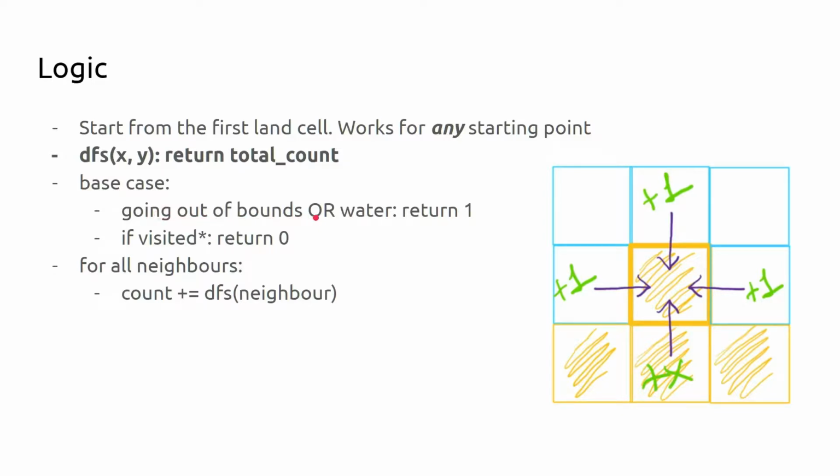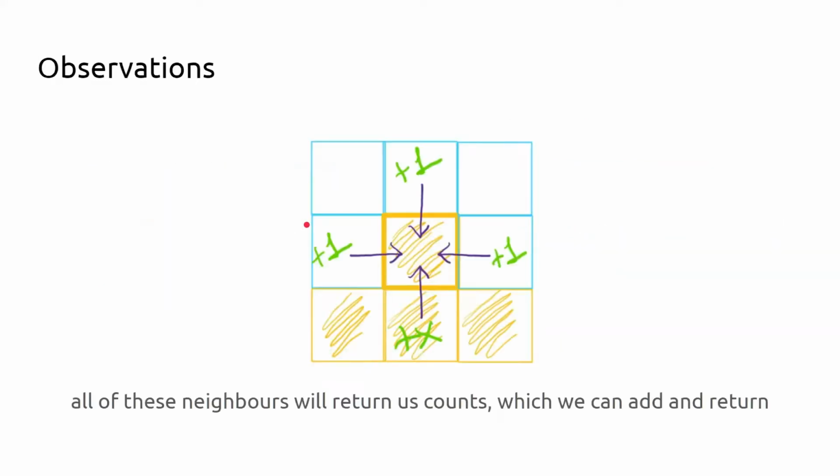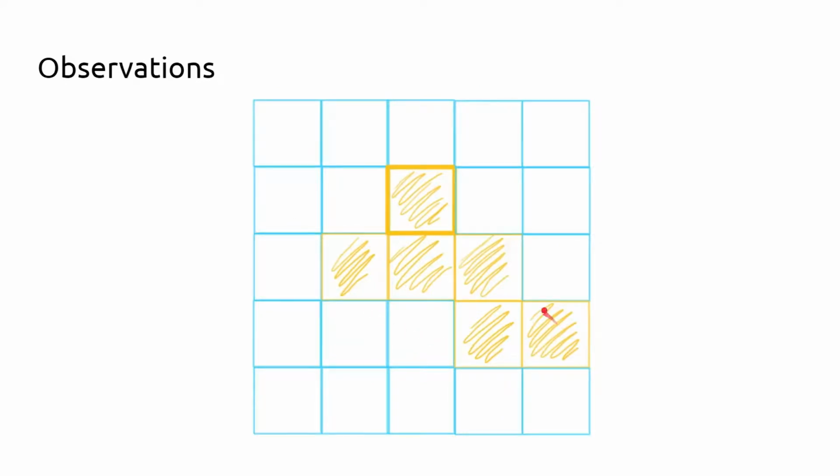Going out of bounds or going into water gets us a score of 1. The score of 1 from the water makes a lot of sense, but going out of bounds? Let's actually look at this case over here again. Let's consider what happens if we are at this particular cell. For this particular cell, if I ask you, what is the perimeter going to be? So here it is blocked.